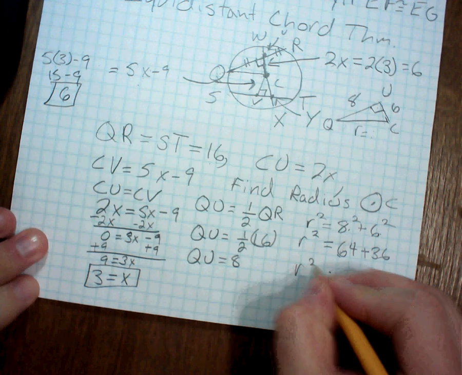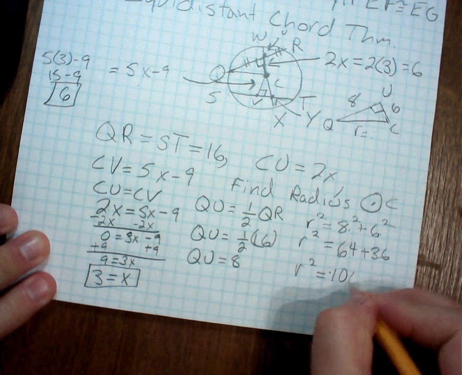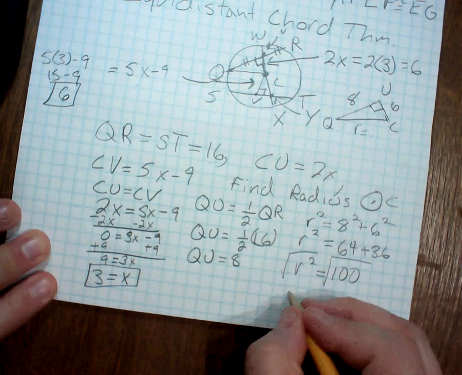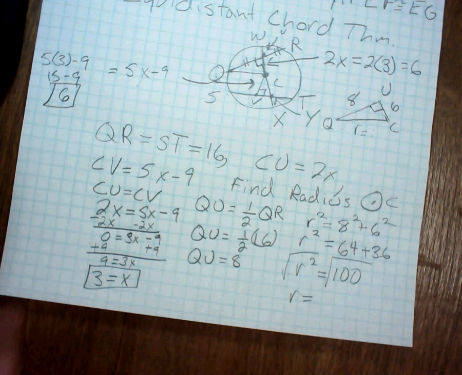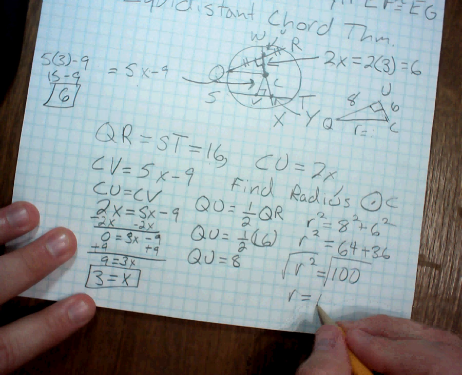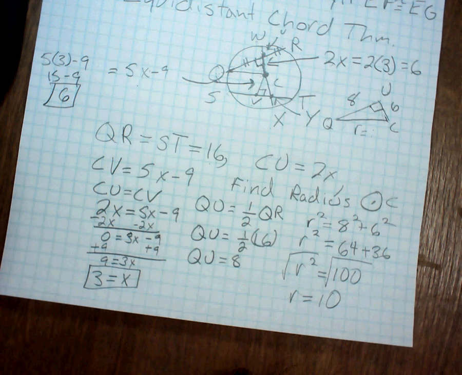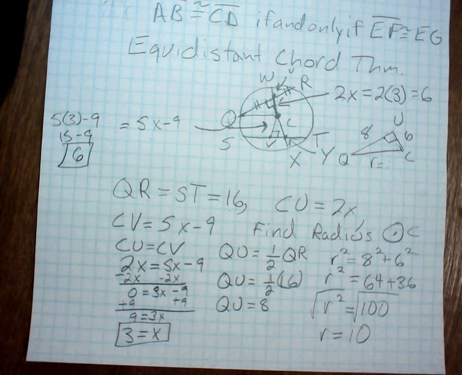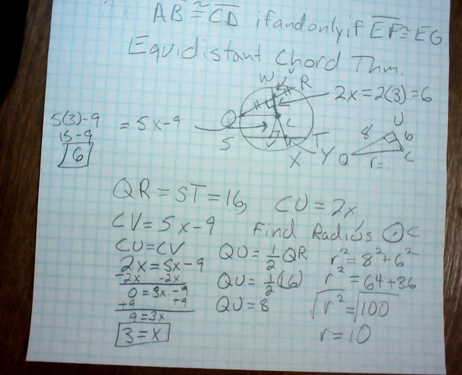So then R squared is equal to 100. I'm going to take the square root of both sides, and I get R is equal to 10, because 10 times 10 is 100. And that's it. It seems like a lot of work. It is, but that's how you do that.